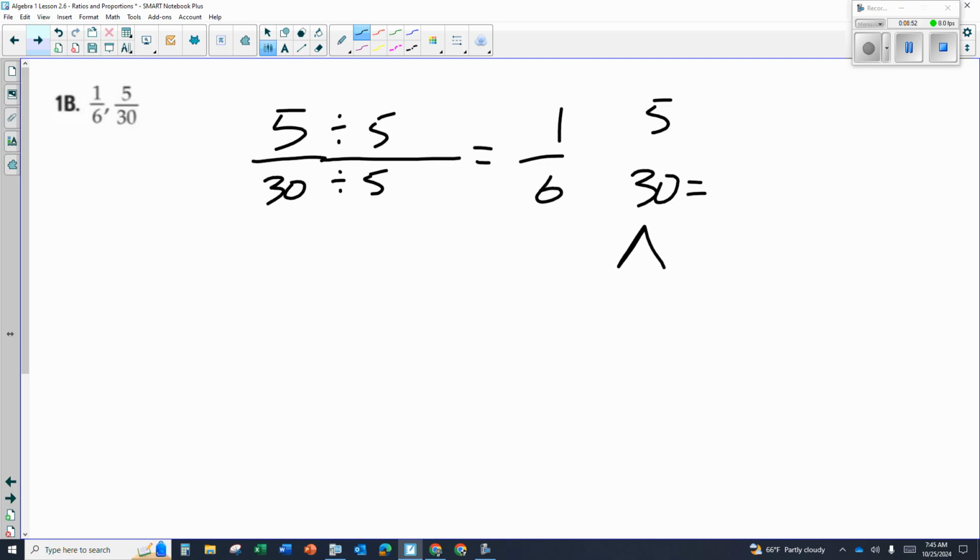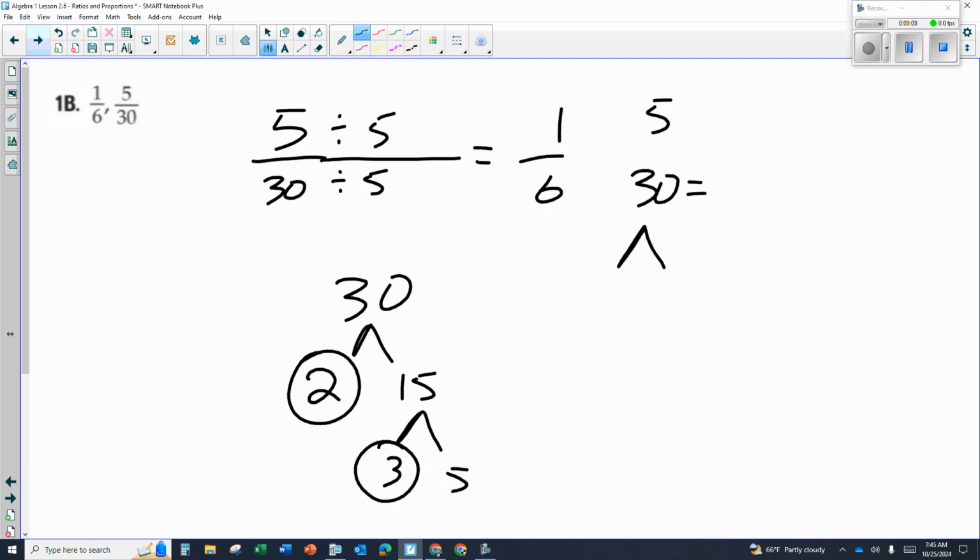You can do this lots of different ways. Let's do this one. So 2 times 15. 2 is prime, so you circle it. 15 is composite because it has factors other than 1 and itself. So this would be 3 times 5. 3 is prime, 5 is prime, so it's 2 times 3 times 5.